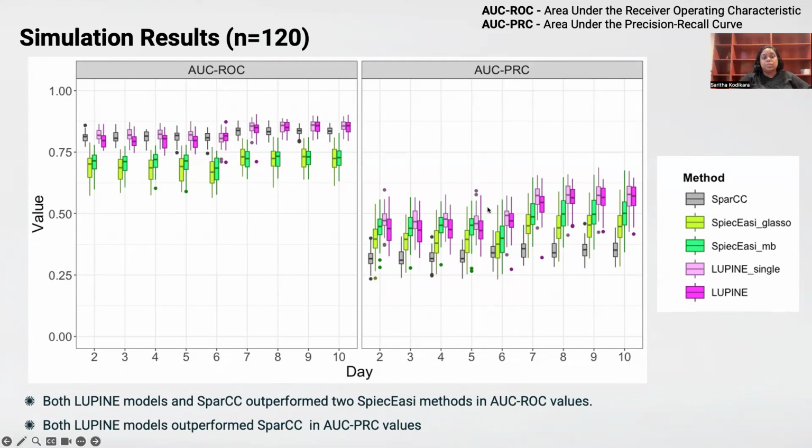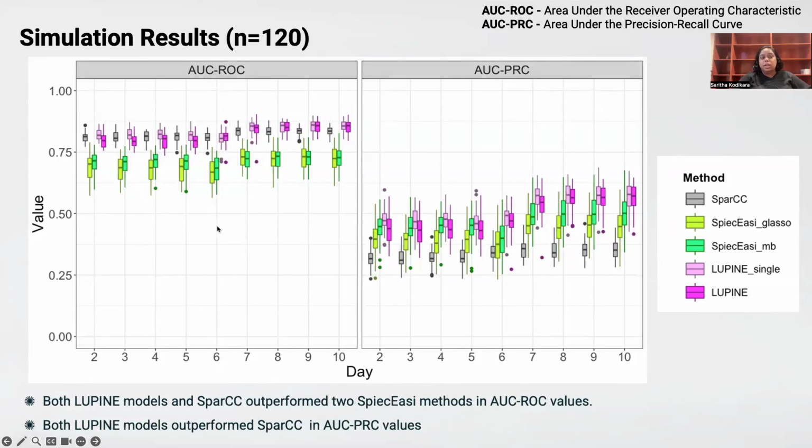We have a much higher precision recall curve than sparse CC, and we also have similar sensitivity and specificity, or the receiver operator curve has a much higher area under the curve, similar to sparse CC and higher than speakeasy. So we get better sensitivity using Lupine and also better precision. That's a good thing. We are doing better at both ends.